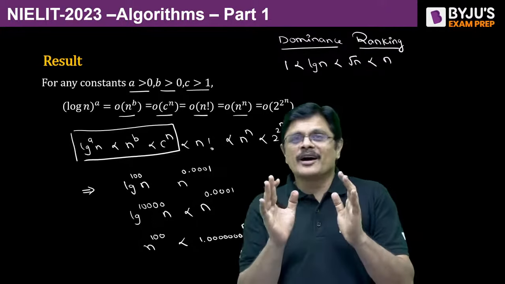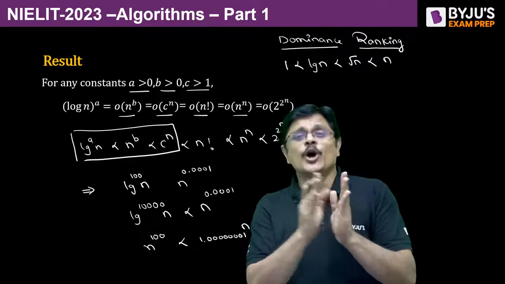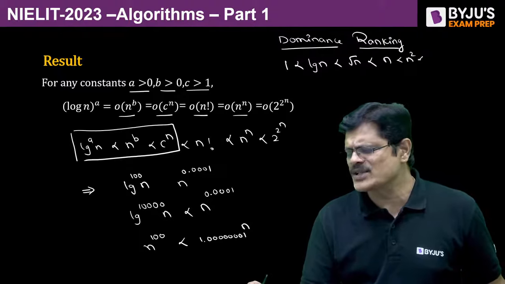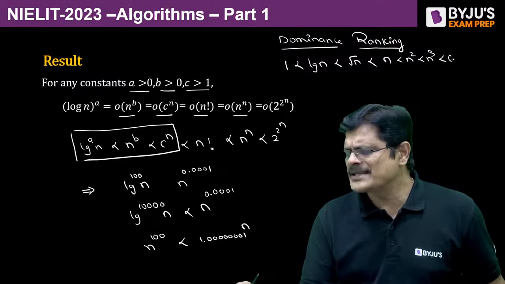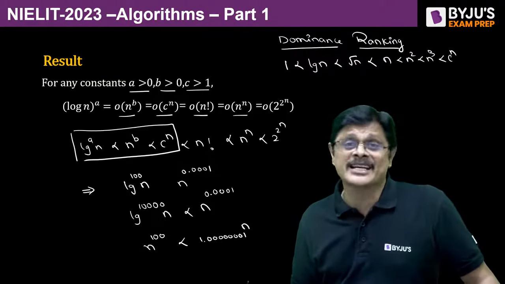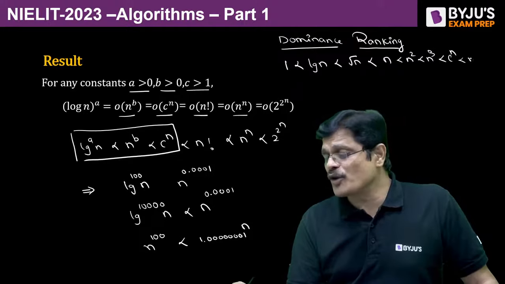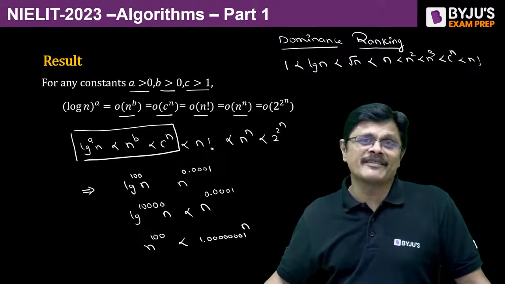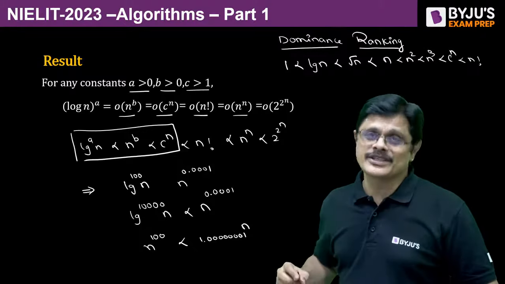After that you can have any powers like n square, n cube, followed by some constant power n exponential, which is followed by n factorial. So this is our basic order of growth, my dear friends. One should always know this.